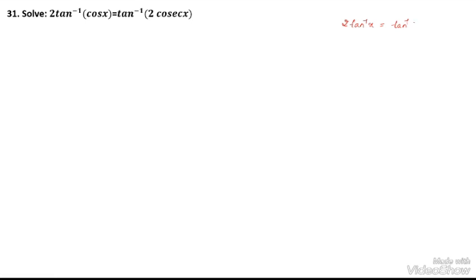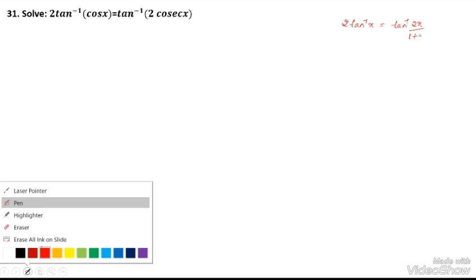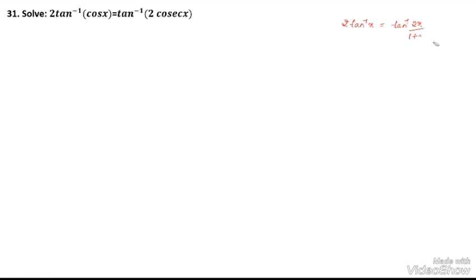2 tan inverse x equals tan inverse of 2x divided by 1 minus x square. This is one of the important properties. I can use the property here. In place of x, we have cos x.